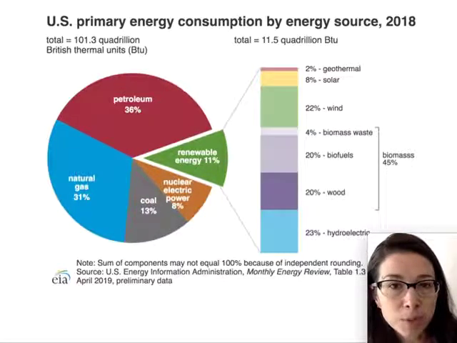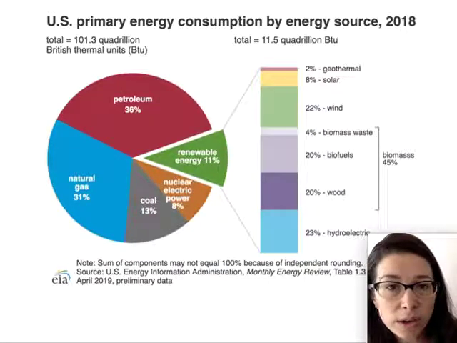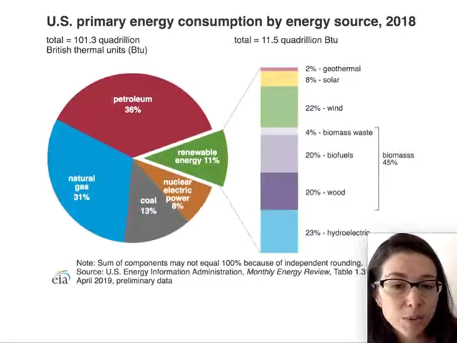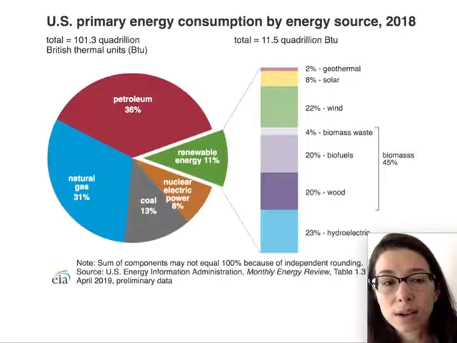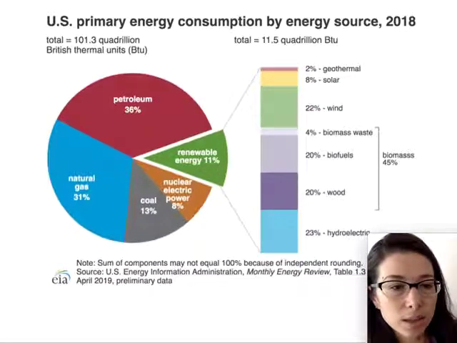And biomass is probably the second largest, so that includes burning wood and making ethanol from corn and making other types of oil from other types of vegetables, and using that to burn the biomass and to generate energy. And then wind is up there as well, and then we have solar, which is a smaller proportion, and geothermal, which is the smallest proportion of renewable energy that we have so far.